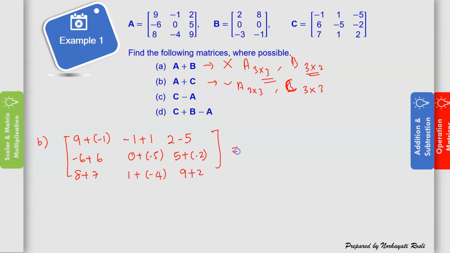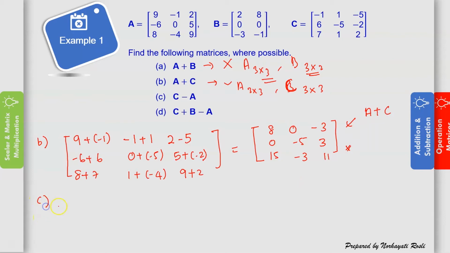So when we solve this one, we get the answer 8, 0, negative 3, 0, negative 5, 3, 15, negative 3, and also 11. So this is the answer for A plus C.